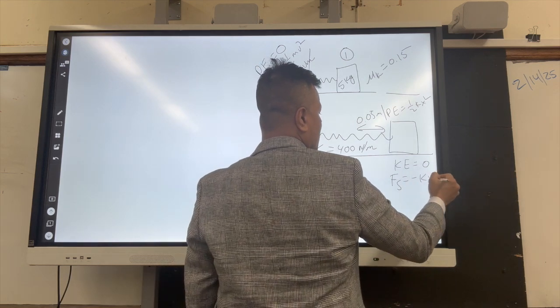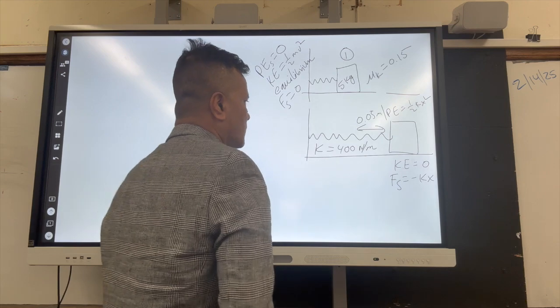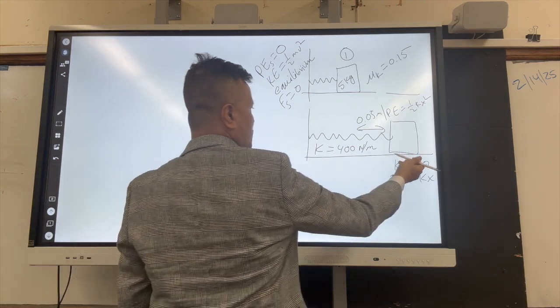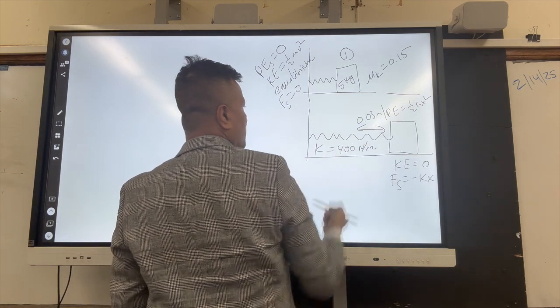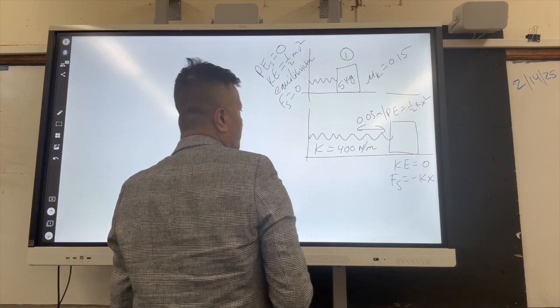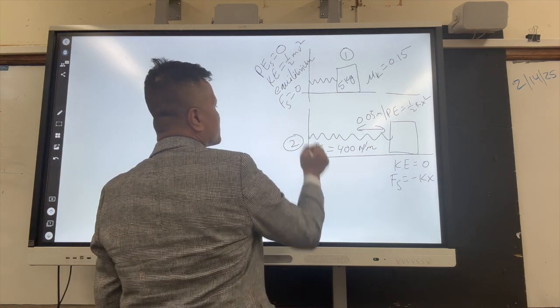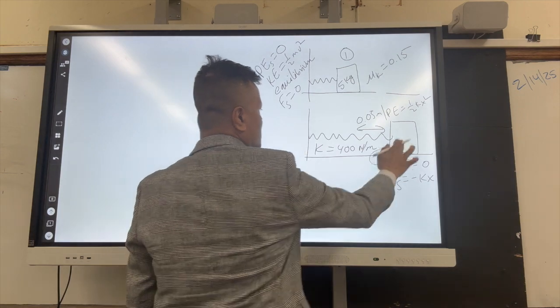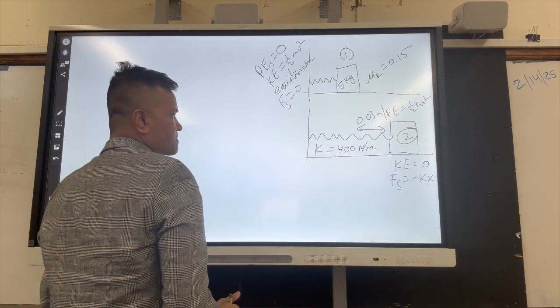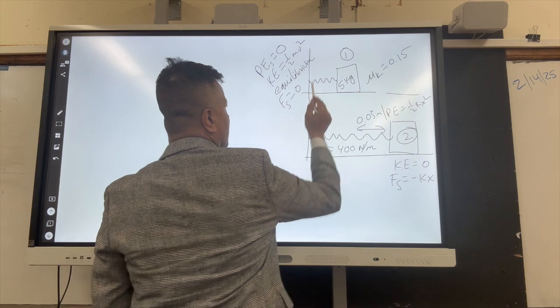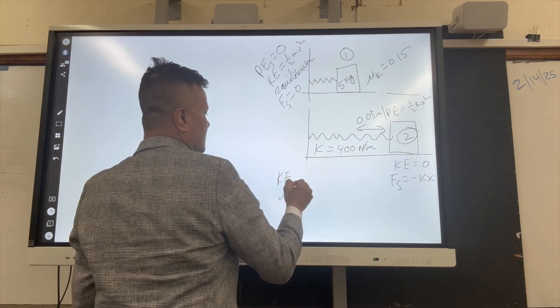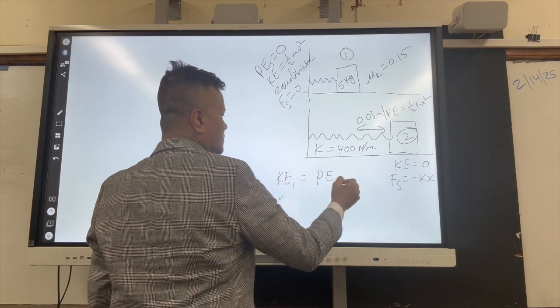Fs is negative kx over here, because this wants to go back to equilibrium. This is location 2. So now the kinetic energy at location 1 is equal to the potential energy at location 2.